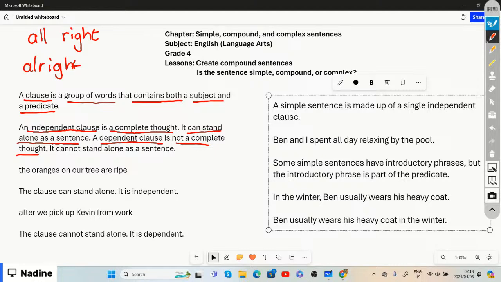That is why, if you were to write a letter to your friend or a diary entry, I don't think your teacher will mark you down on how you spell these two words, because this is just written informally.